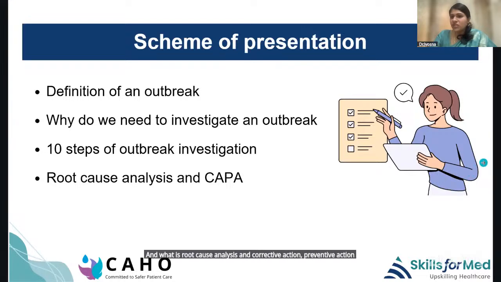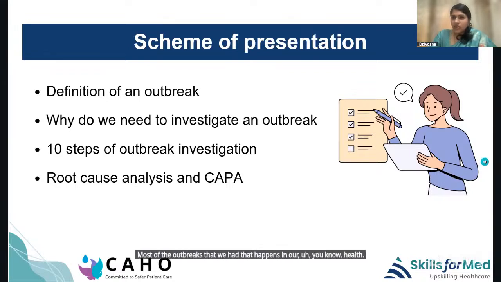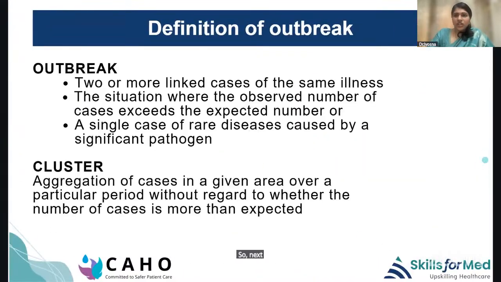We need to know this because most of the outbreaks that happen in our healthcare settings or in our hospitals will be like a clustering of 5 or 10 cases, and we need to know the source. So we need to also understand what is the root cause. How do we do the root cause for them?